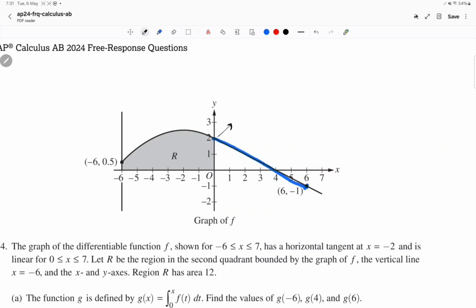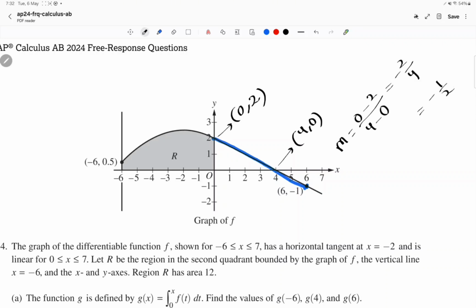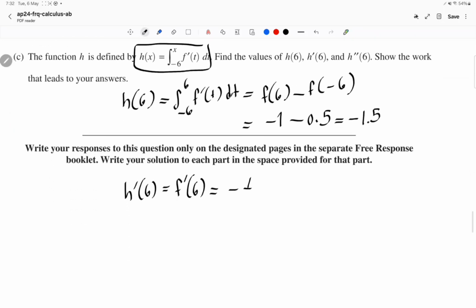So we're going to pick this point, which is 0, 2, and this point, which is 4, 0. Slope is equal to 0 minus 2 over 4 minus 0, so minus 2 over 4, which is negative half. So the slope is going to be negative half. And now they want the h double prime of 6. That means you have to differentiate the negative half, which becomes 0. When you differentiate a number, it becomes a 0 only.